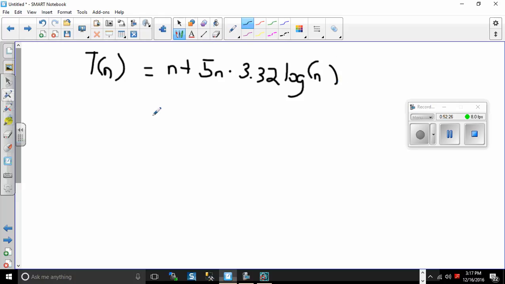Okay, which is equal to n plus what? Oh, we'll just say 16. Approximately n plus 16n log n.